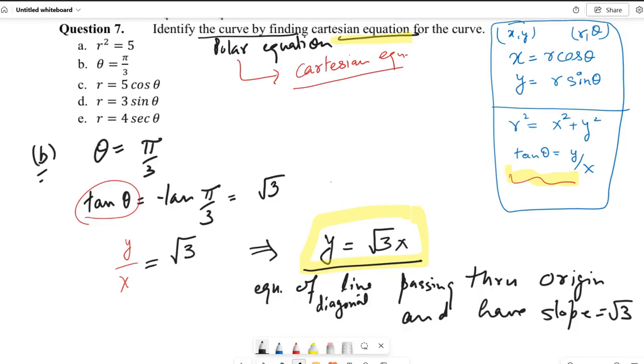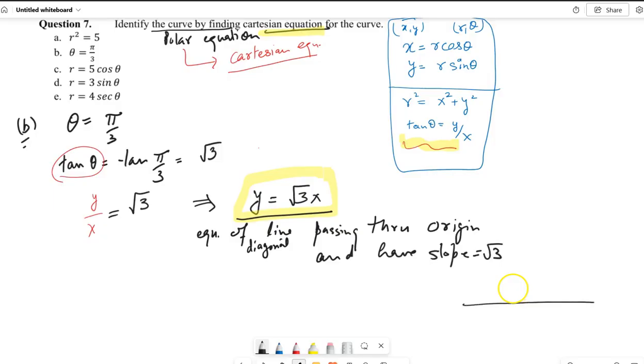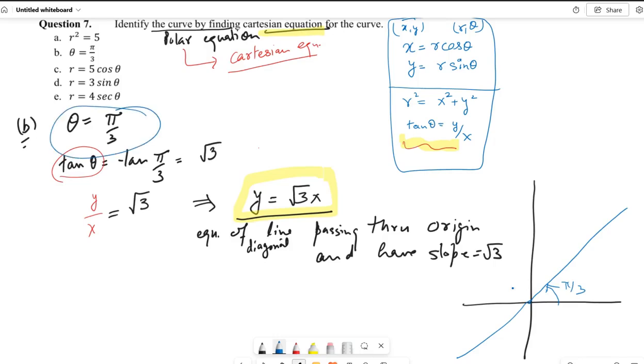So how will the graph look? That's going to look like a line which passes through the origin diagonally at the angle pi by 3. That is the equation of either this polar curve or this Cartesian equation. Both of them are exactly the same thing. They are just written in two different systems.